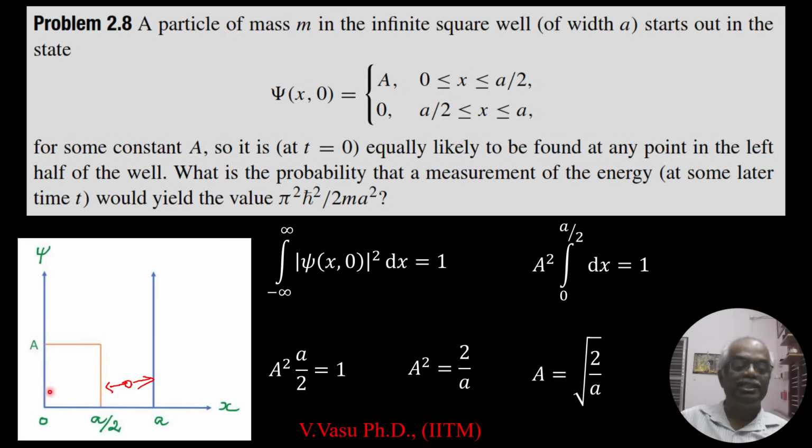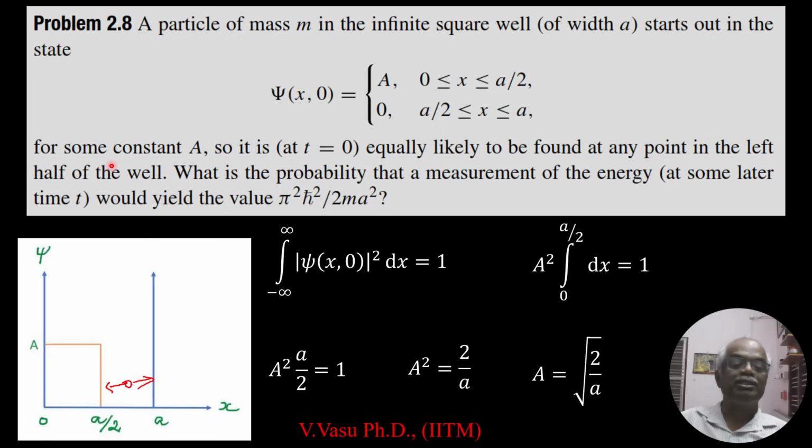But how can we create a square like this? We have studied in the Fourier transformation technique that it is a linear combination of so many sinusoidal waves.